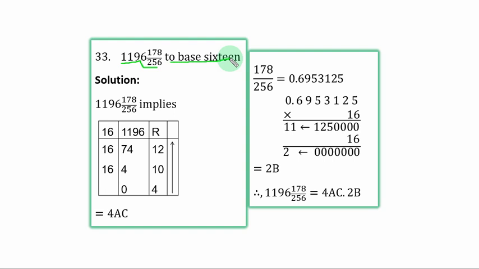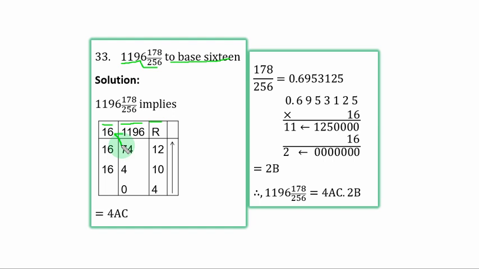So let's take the whole number part, that is 1196. This is a column for base 16 and this is a column for remainder. If you divide 1196 by 16, you have 74, remainder 12. You know 12 implies C in base 16.